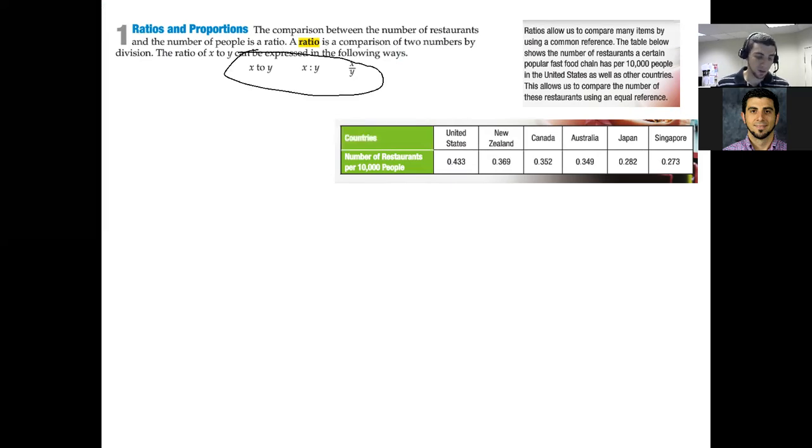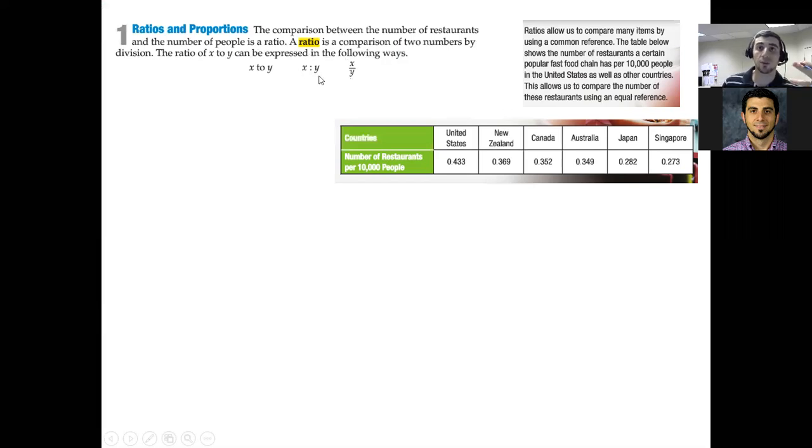One of the most common is as a fraction, x over y. But you can say it in words, x to y, or using x colon y. Those all are ways to represent ratios. Keep that in mind as you work through this section, because you may see different representations, but know that x to y, x colon y, and x over y all represent ratios.